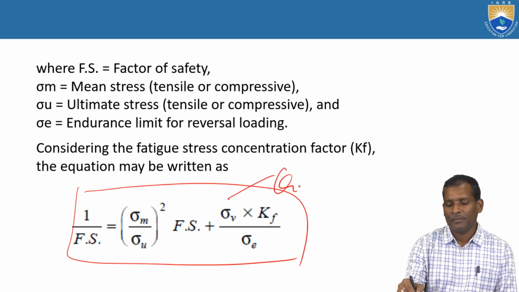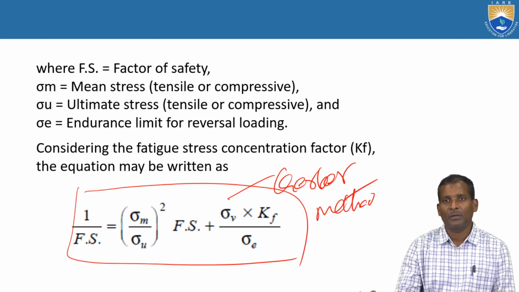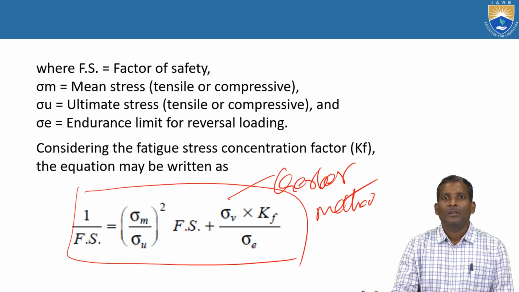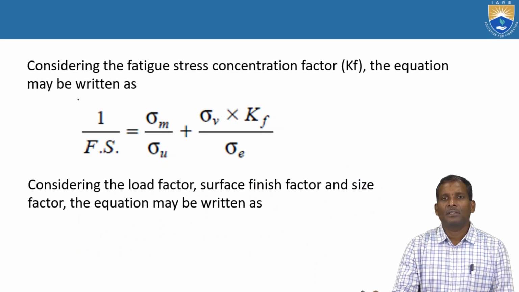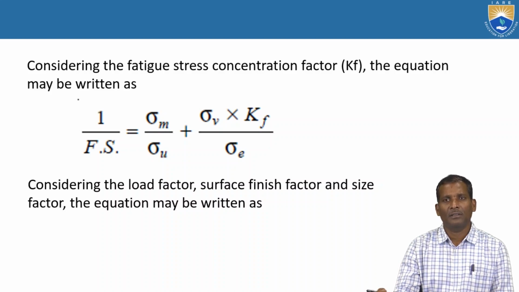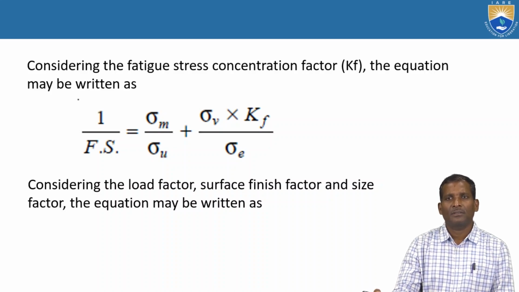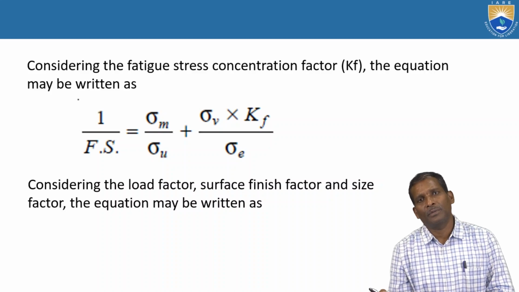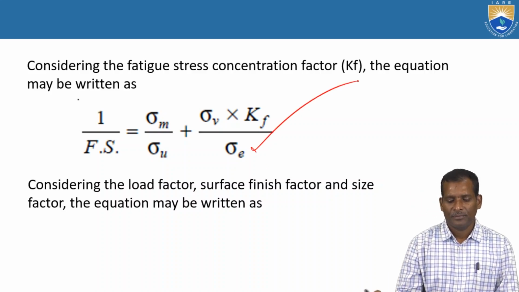So shown here is the Gerber parabola method. By using these formulas, calculate now the given diameter and the load values. Considering the fatigue stress concentration factor, I already told you it may be written like this.